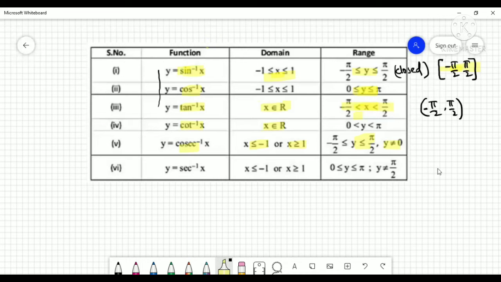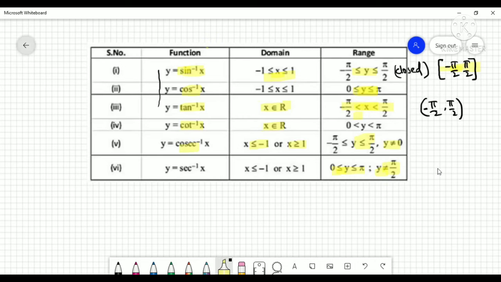Be careful. Then for secant inverse x, the domain is the same, less than -1 or greater than +1. The range is the closed interval 0 to pi, including the endpoints, except π/2. These are very important for the 1 mark. In this, they will ask any one.